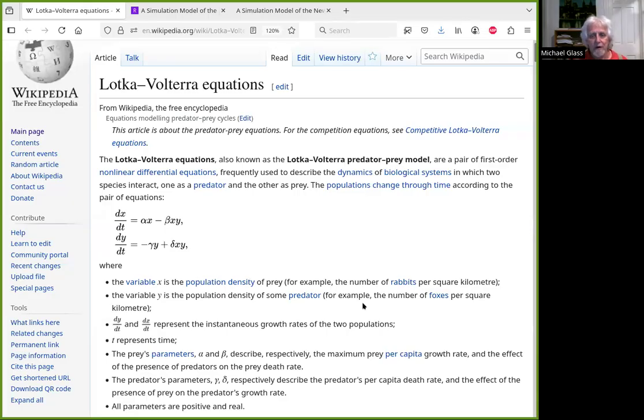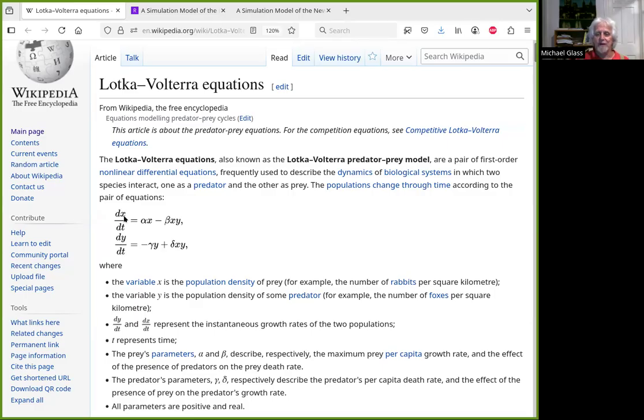If X is the density of rabbits, the number of rabbits per square mile in the territory, and Y is the number of foxes per square mile, we ask ourselves, what's the time behavior?